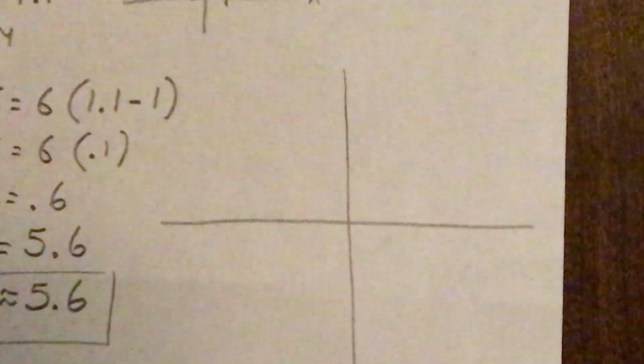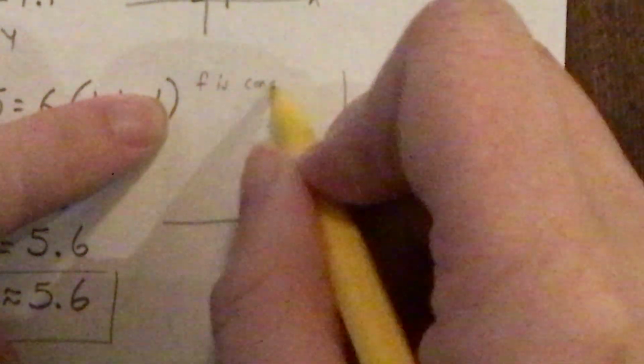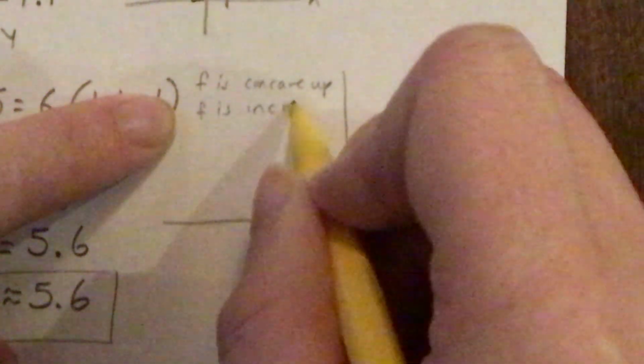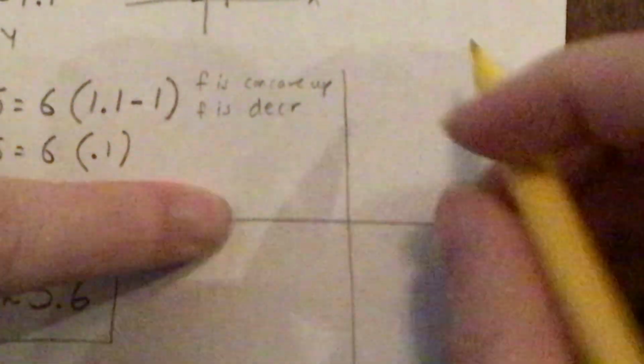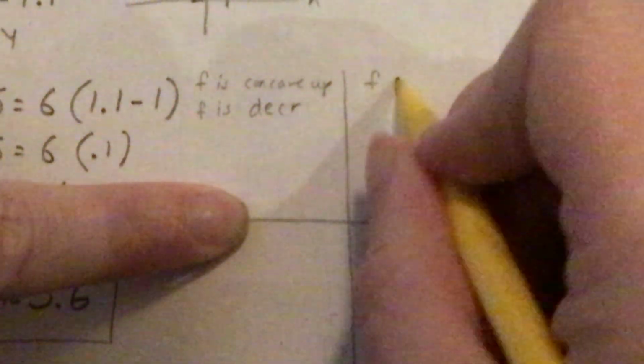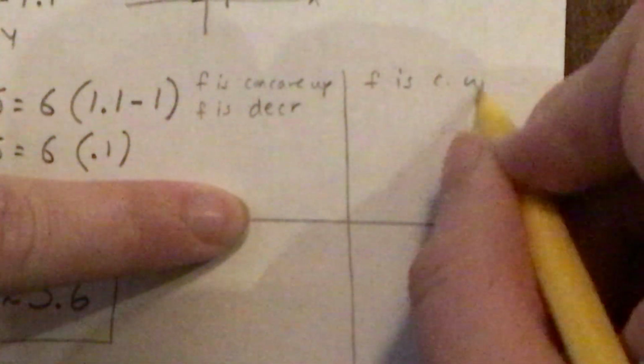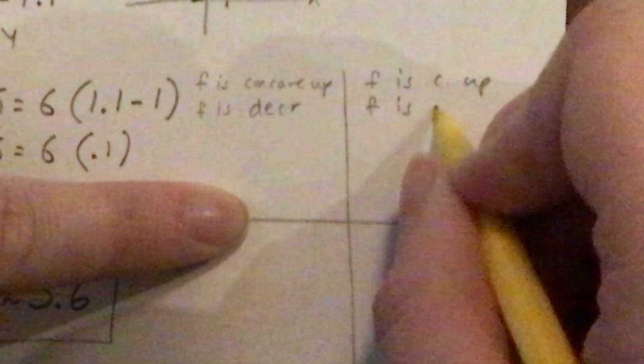So let's draw a graph where f is concave up and f is decreasing. Let's start with decreasing, so then I can draw one picture. And then over here, we're going to do f is concave up and f is increasing.